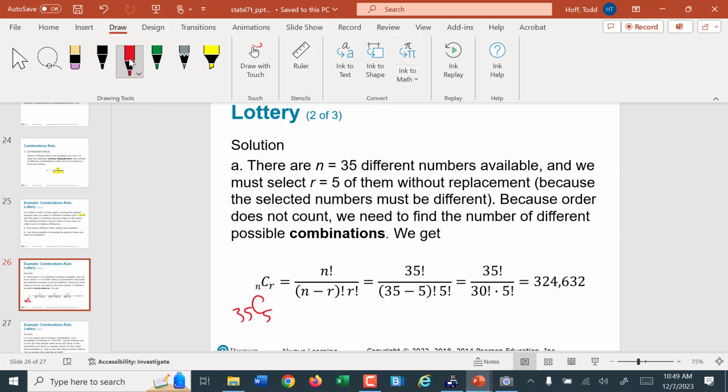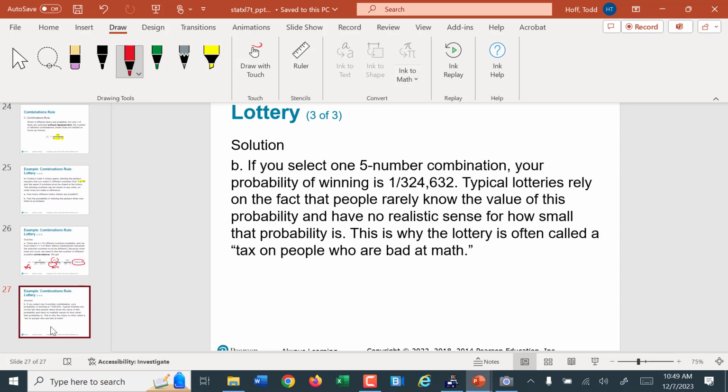So n is 35, r is 5, so 35 minus 5 will be 30 factorial, and 5 factorial. Calculating that out, there's 324,632 different possible lottery tickets that could be sold. Which means the chances of randomly selecting the winning numbers are 1 out of 324,632.